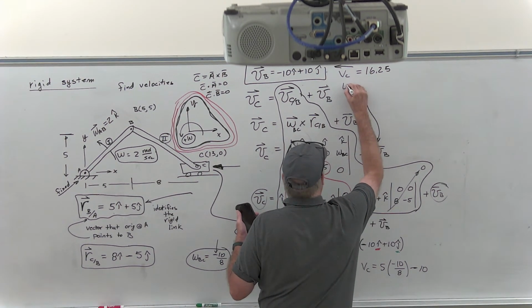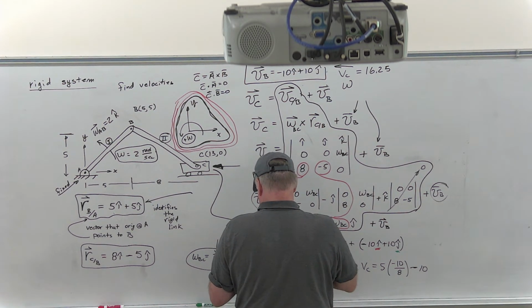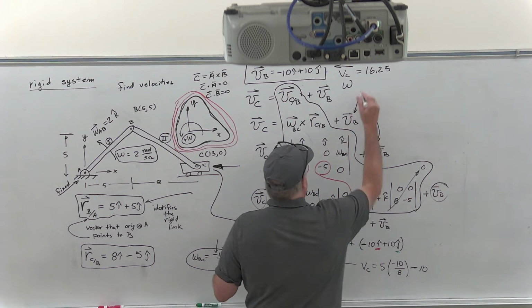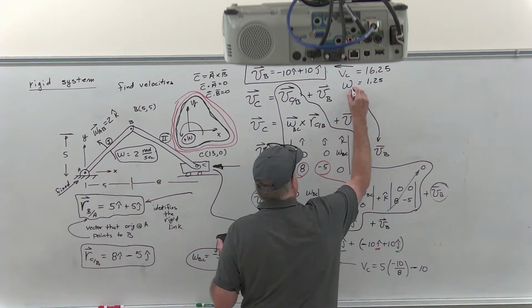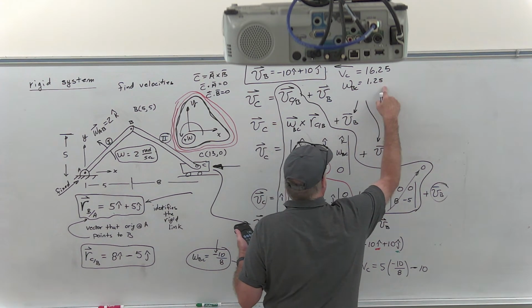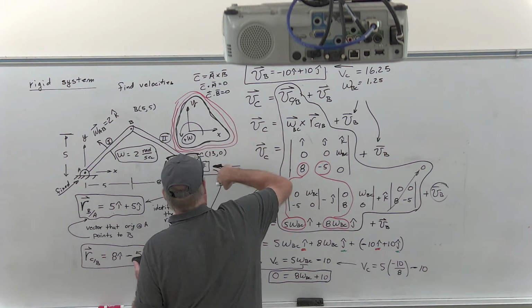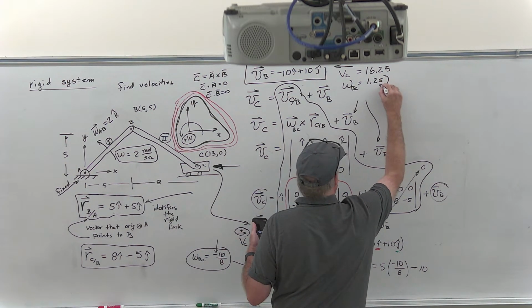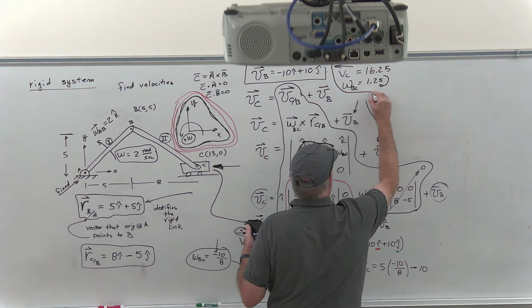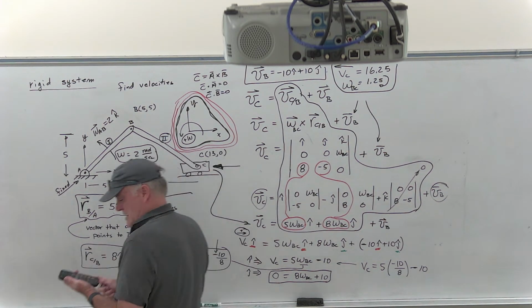And then I got omega, might as well do that. 8 is 1.25, and this is omega BC, 1.25, and it is rotating not that way, but the other way. It's rotating this way. And so I'm writing these answers because in a minute, I'm going to do this a completely different way.